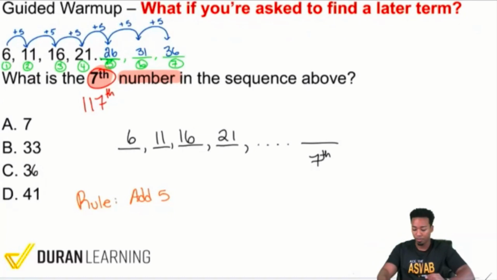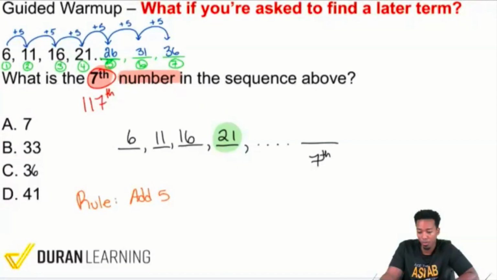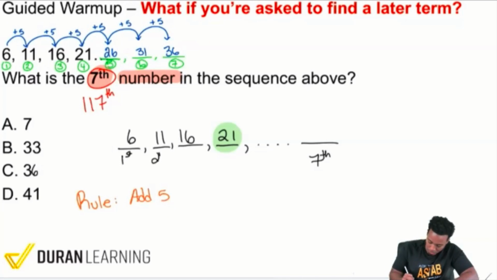Pay attention. Everybody, which term number is 21? Which term number in the sequence is it? Mikhail says the fourth. Do you all agree that's the fourth? Yeah, it is, right? Because we can say again, first, second, third, and for sure, fourth. So let me highlight that one in green here.